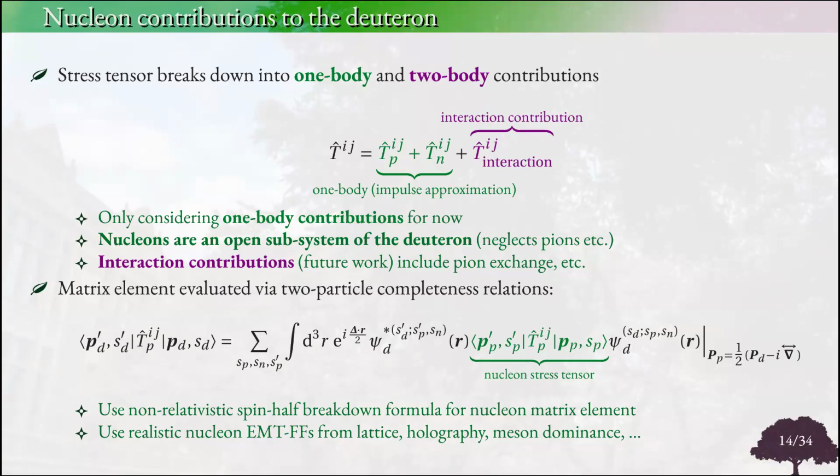In the nucleon stress tensor, we use the non-relativistic breakdown of the energy momentum tensor in terms of form factors, and we can use realistic form factors that come from lattice or from holography or meson dominance models. We've considered all three actually, and the results look pretty similar.